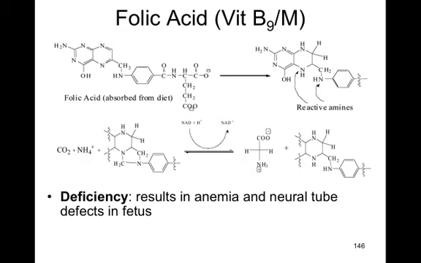It is a type of anemia that results from the accumulation of megaloblasts. Megaloblasts, as the name would suggest, mega is large. So megaloblasts are really large but immature red blood cells.